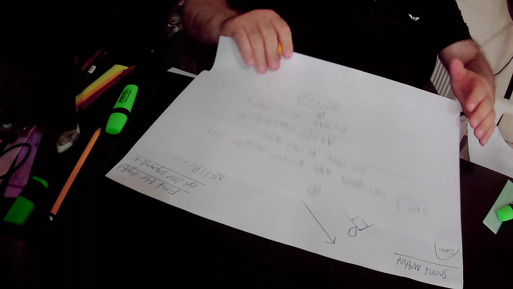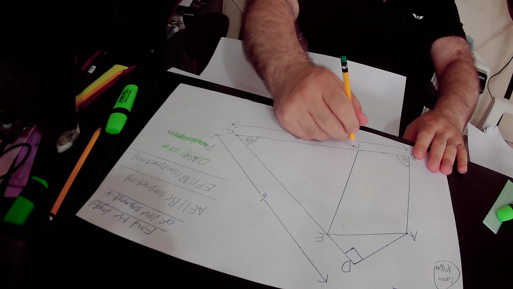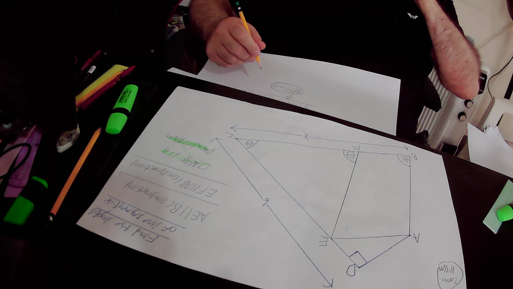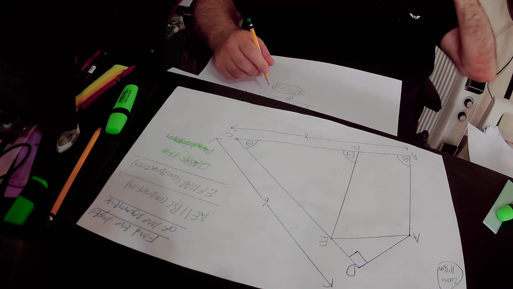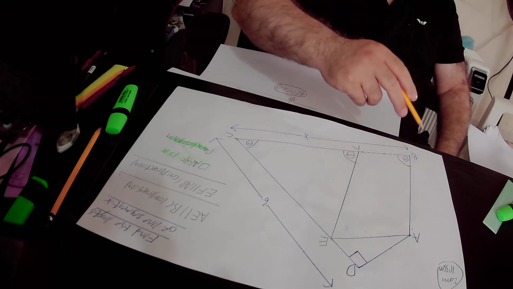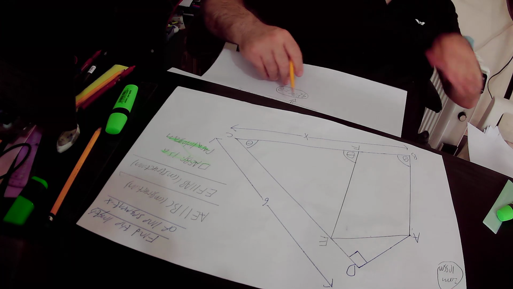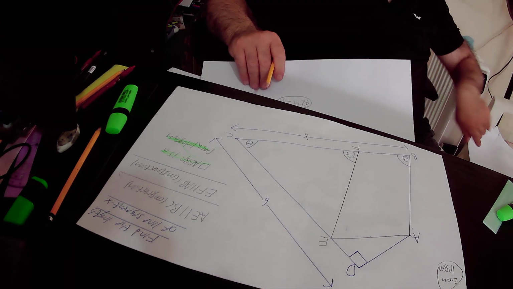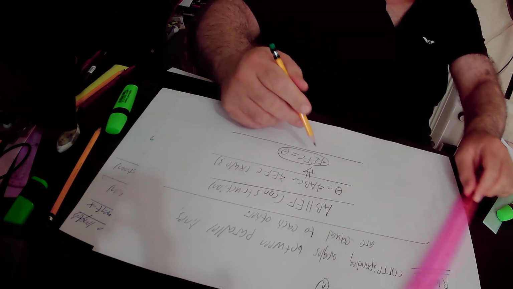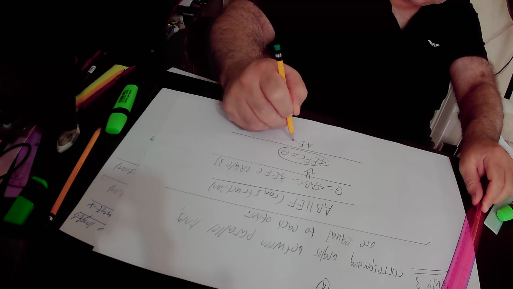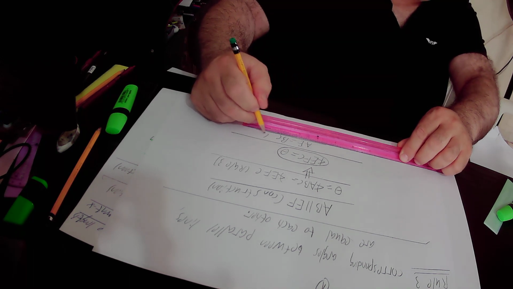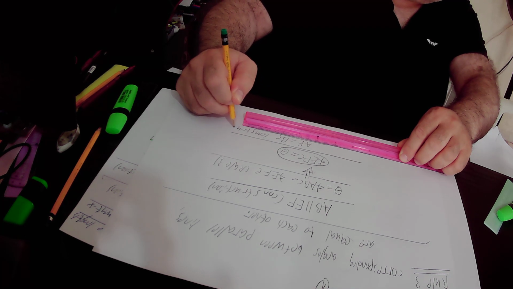This angle EFC equals theta. Likewise, according to our construction, side AE is parallel to side BC.